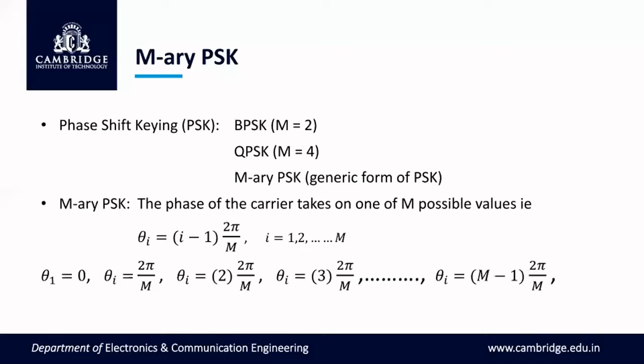One set I told: 0 degree, 90 degree, 180 degree, and 270 degree. So all of them have a difference of 90 degree. Otherwise, we tried another combination also: 45 degree, 135, 225 degree, that is pi by 4, 3 pi by 4, 5 pi by 4, and 7 pi by 4. This also has a difference of 90 degree. So these four values of the carrier can represent four symbols in QPSK.